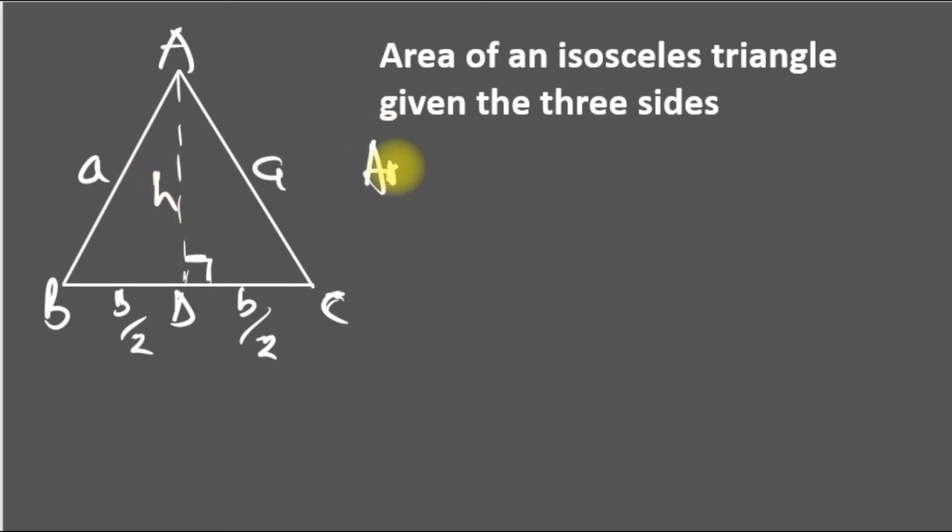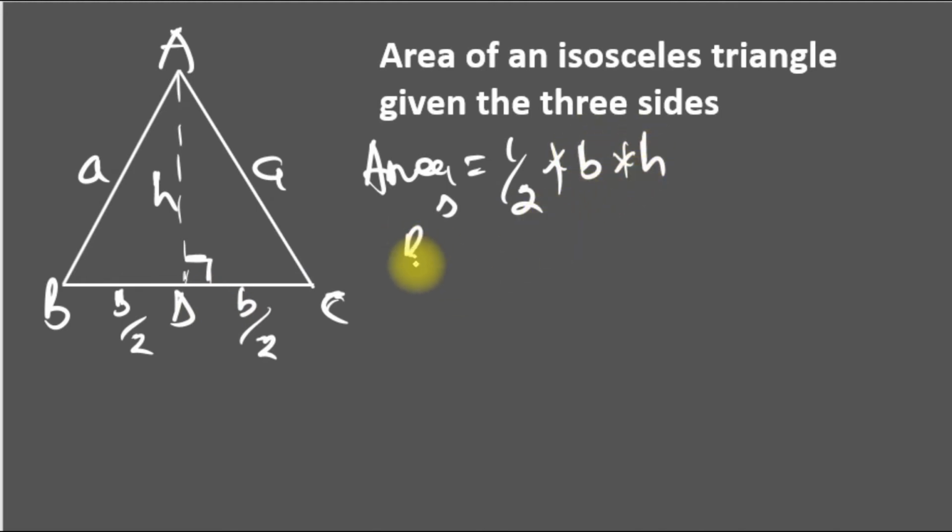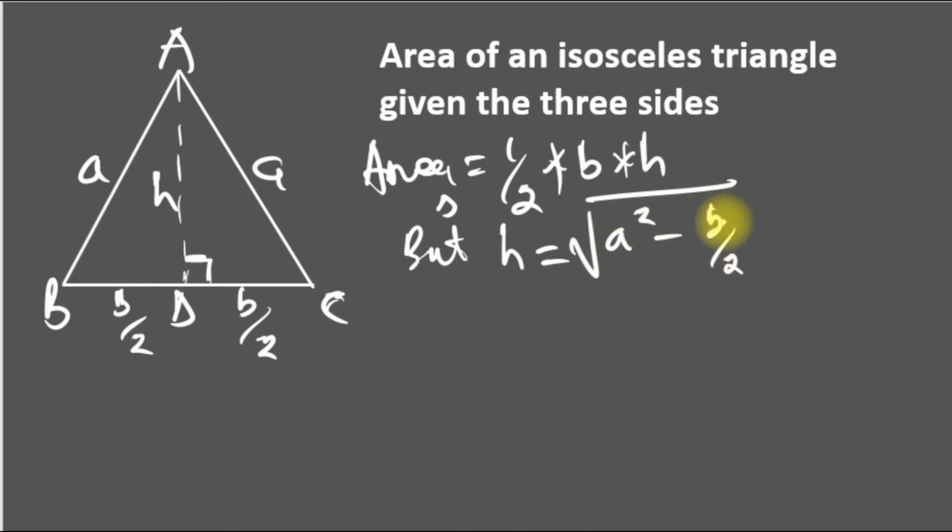We know that area of any triangle is always half base times height. My base is B times H, height. But we know that the height, by the Pythagorean theorem, is square root of A squared minus (B over 2) squared.